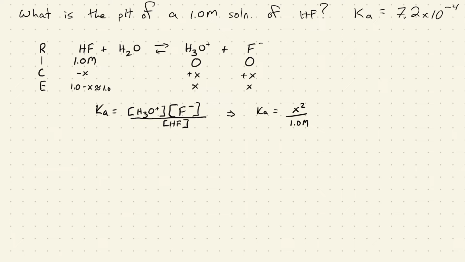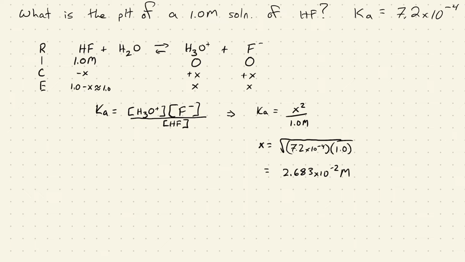This is just substituting in the X's for hydronium ion and fluoride ion, and the 1.0 molar for HF. So now X would equal the square root of Ka, which is 7.2 times 10 to the minus 4, times that concentration of HF at equilibrium, which is 1.0, and X equals 2.683 times 10 to the minus 2 molar.